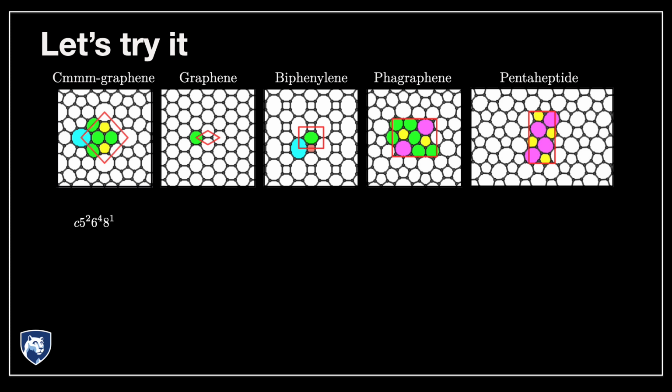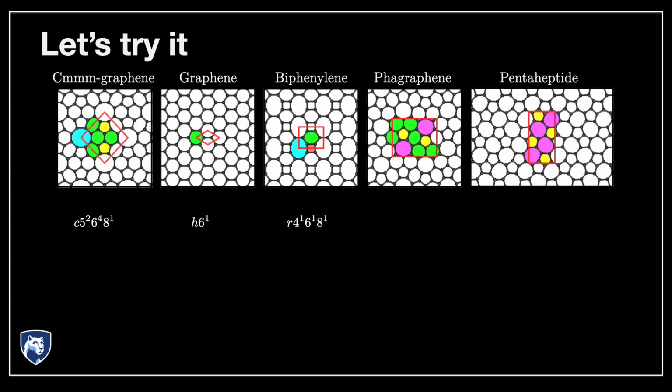So this is the name we came up with: 2 pentagons, 4 hexagons, and 1 octagon. The next structure, graphene, is hexagonal, so it's going to be H. And there's only 1 hexagon, so it's going to be H61. So H61 is graphene.